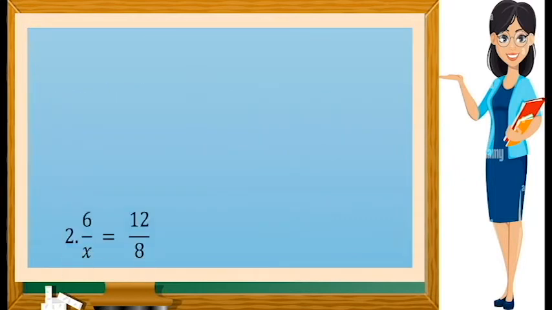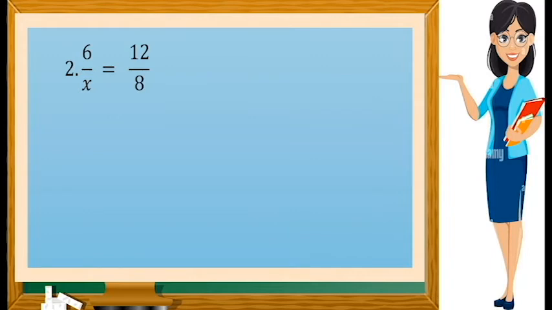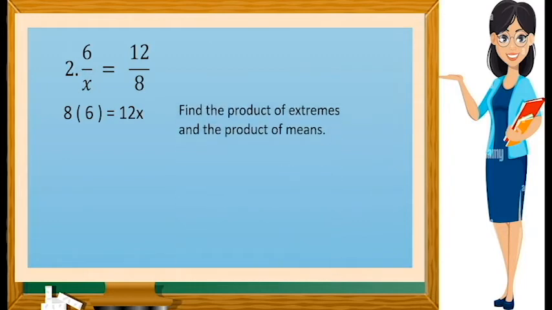Okay, so for number 2, learners, try to solve for number 2. First, multiply the extremes. 8 times 6 is 48, and x times 12 is 12x.